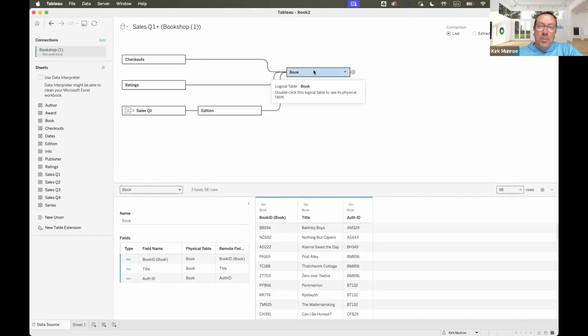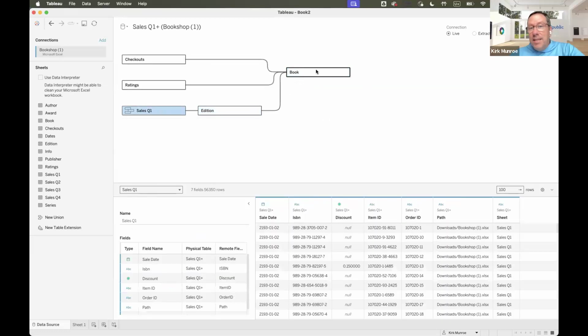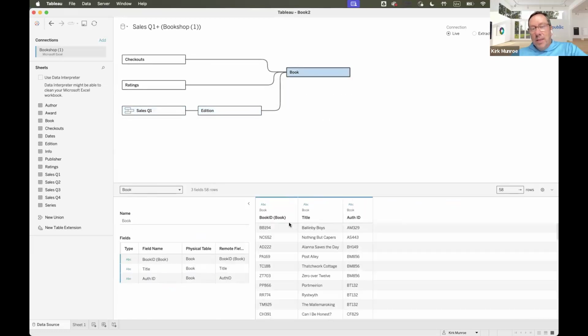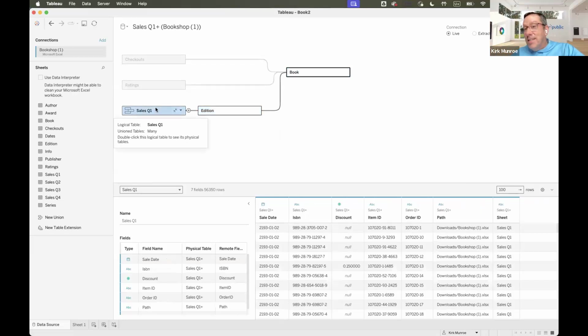If we were to join this book table to the edition table, which is 95 rows because one book has multiple editions, to this, we're going to take all these titles and edition numbers and pages and keep duplicating them in columns 56,000 times, which just brings in a whole bunch of data we don't need. Why not let Tableau go fetch that?